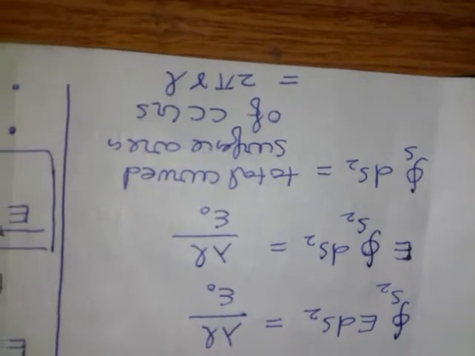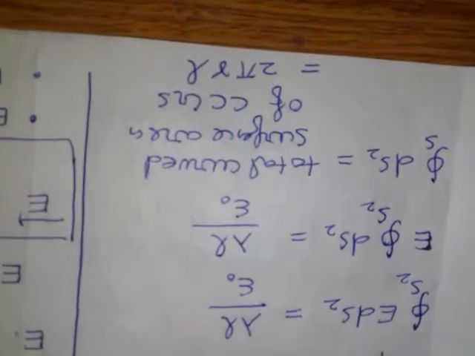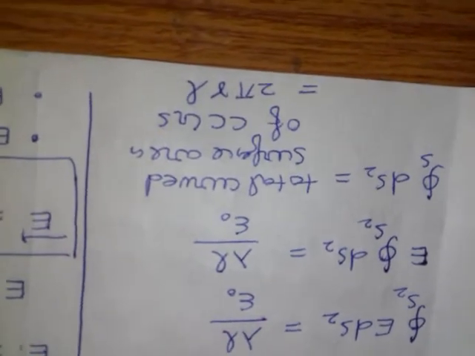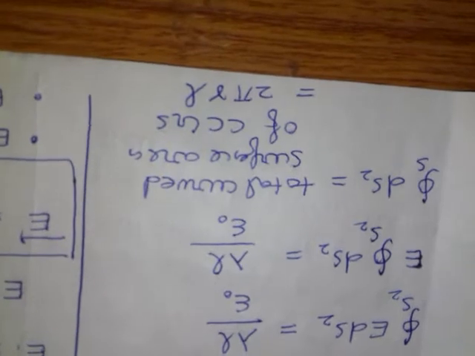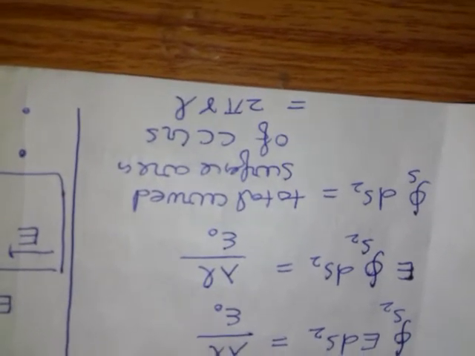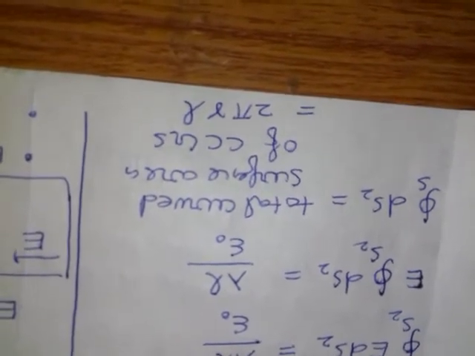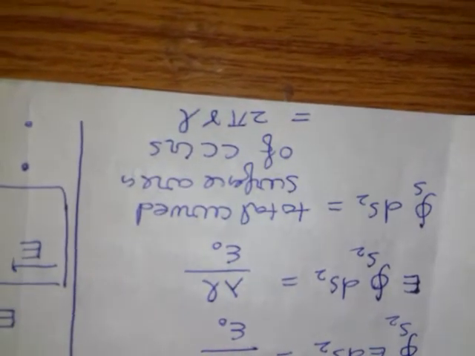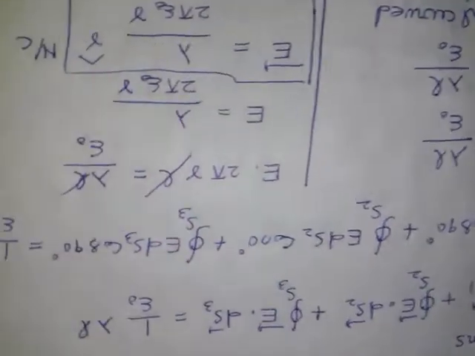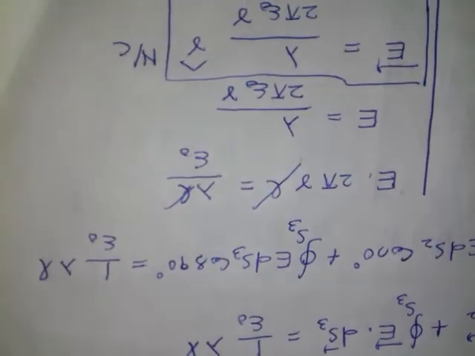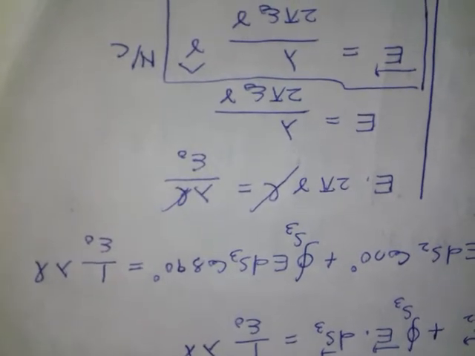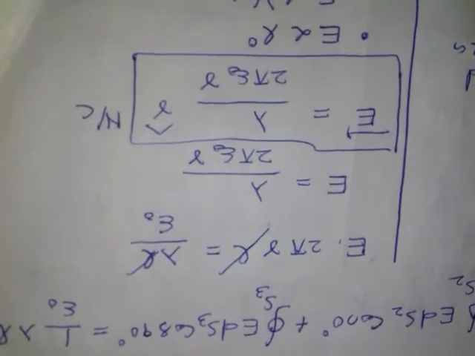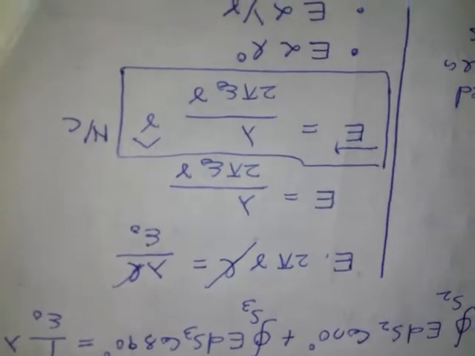Here the integration over the surface of dS2 is equal to the total curved surface area of the CCGS, which is 2 pi R H. Here H is L, the length of the cylinder, the length of the wire. We put the value and we have the result: E into 2 pi R L is equal to lambda L upon epsilon naught. Cancel the L on both sides. We have E is equal to lambda upon 2 pi epsilon naught R.